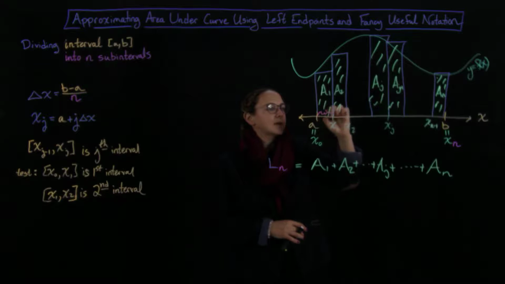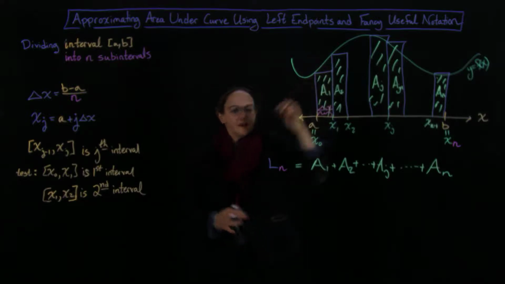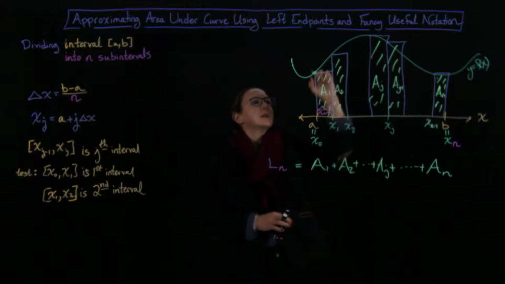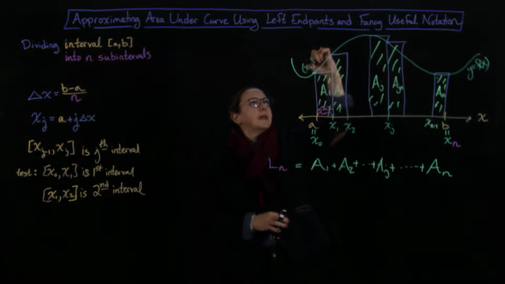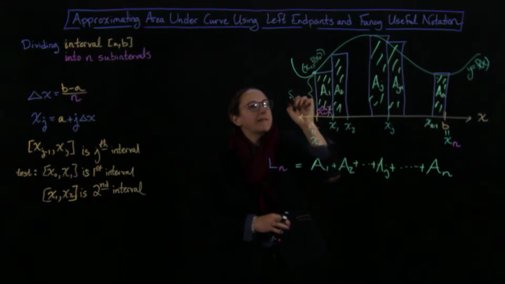This is like my delta x. And then we have this point here, right? The point here is going to be x0. And then it's going to be f of x0, which tells me that this height here is f of x0.